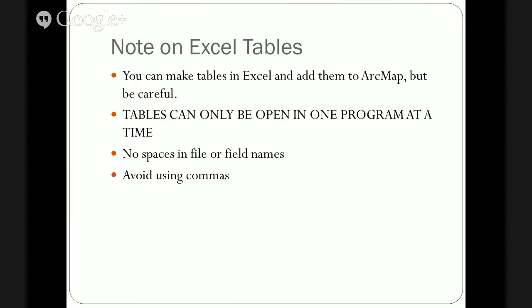And then when possible, I want you to avoid using commas, and this is because commas are used in the comma-separated version of a table. So sometimes you get formatting errors and problems arise if you use commas in your data. So if possible, avoid commas. And there are a long list of other characters that are illegal, but we'll go into that in a few minutes.